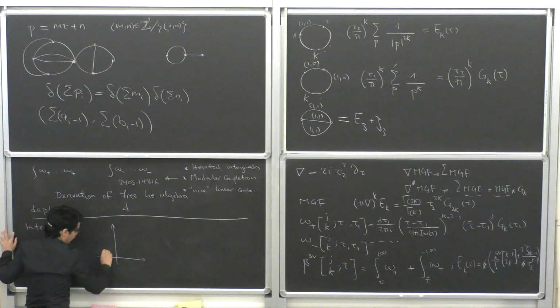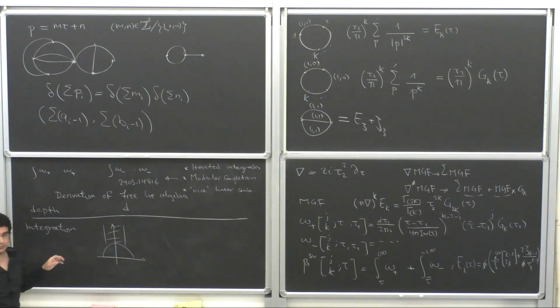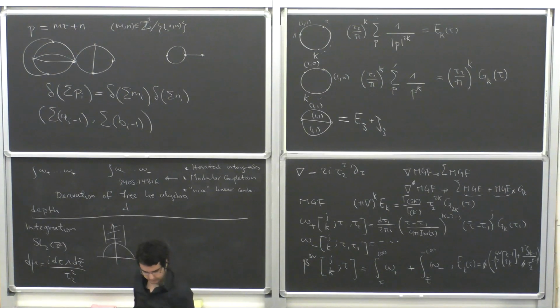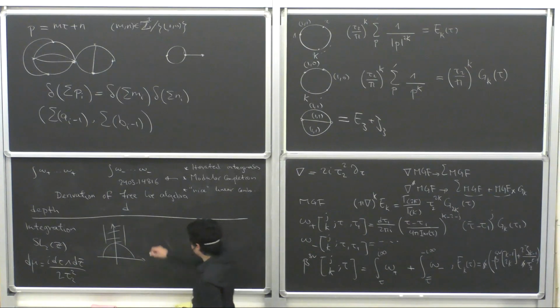What we're integrating over is the fundamental domain of SL(2,Z), and our measure is dτ1 dτ2 over τ2 squared. There should be a factor of 2 also here. So this is our measure, and with this measure, the integral over the fundamental domain is pi over 3.